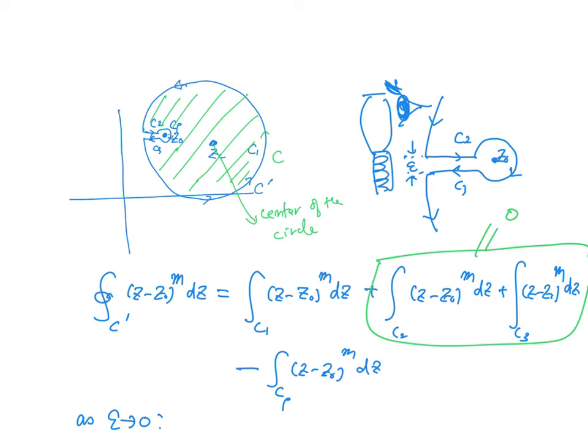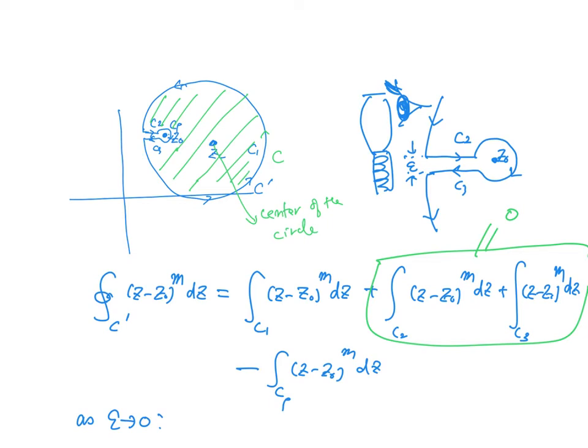And C1 will become the original C, right? As epsilon becomes 0, then they are finally closed.